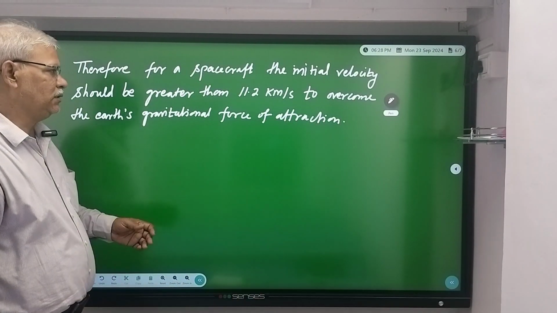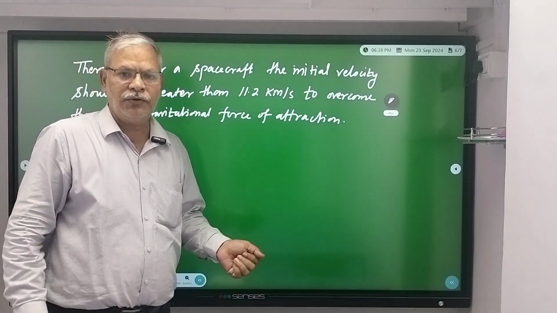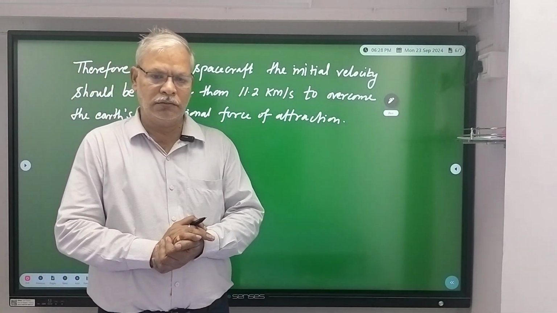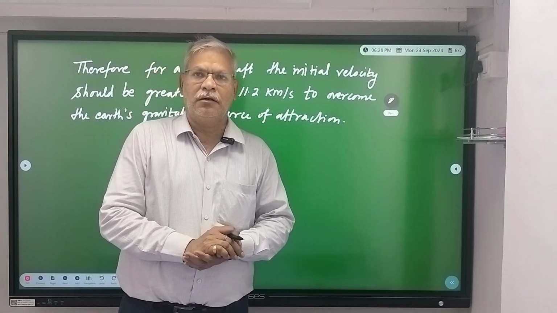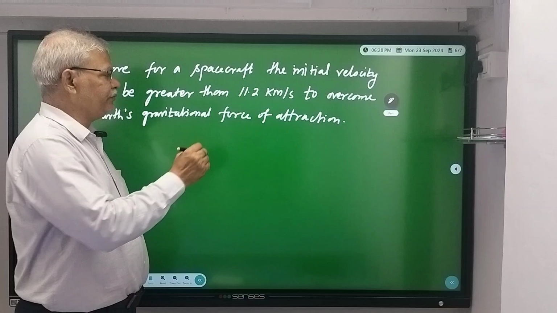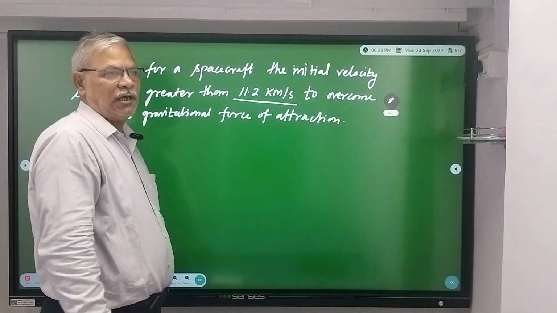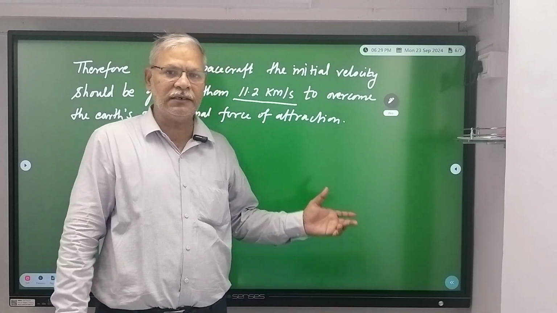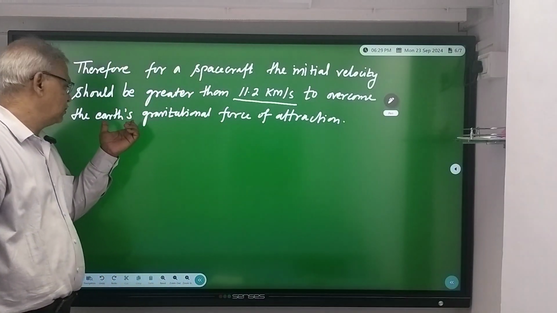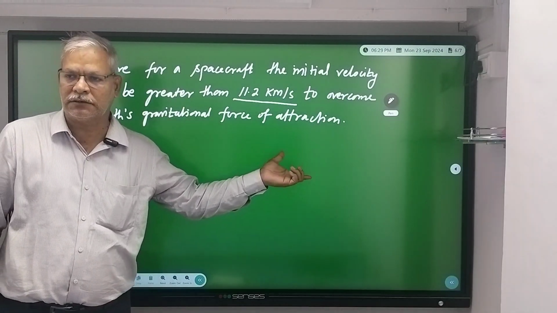Means by this you will see that if we want to launch a spacecraft, it should have the minimum initial velocity 11.2 kilometer per second, so that it can overcome the Earth gravitational force of attraction. Okay?